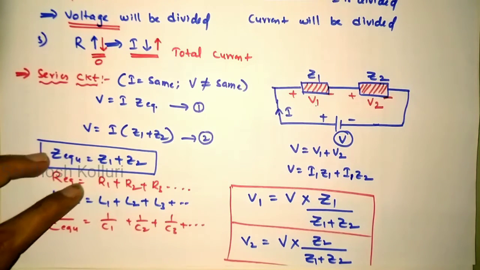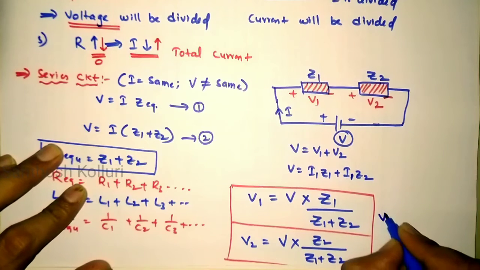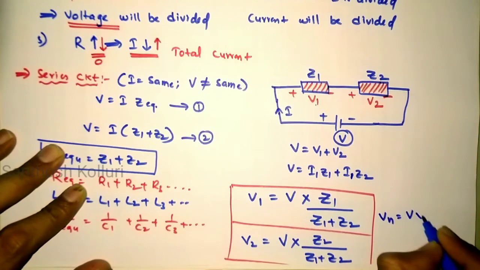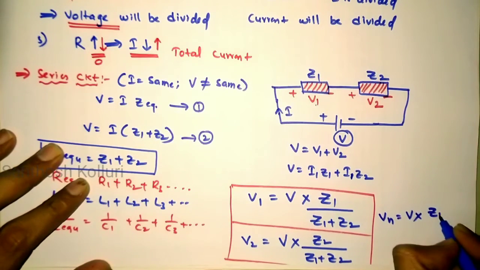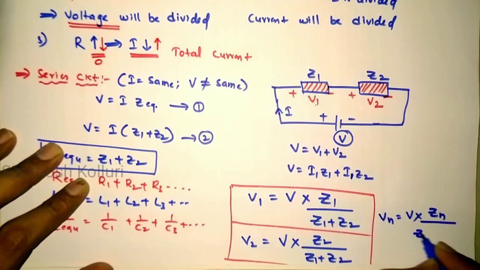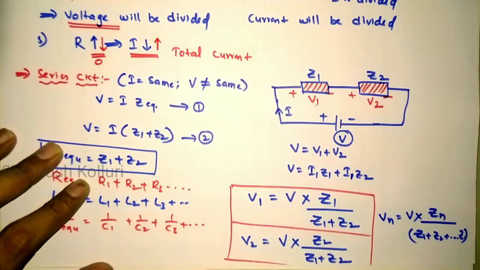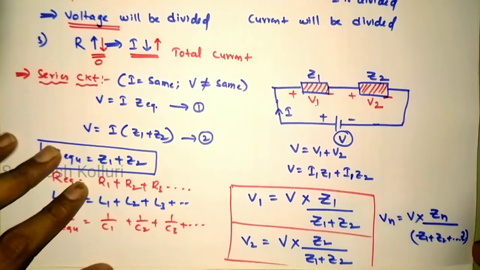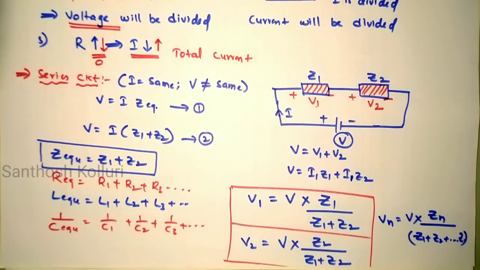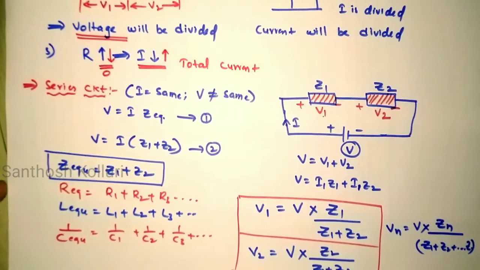In a generalized way, Vn is equal to total applied voltage V into Zn divided by Z1 plus Z2 plus so on, the total impedance, or we can replace it with Z equivalent. This is regarding series connection.